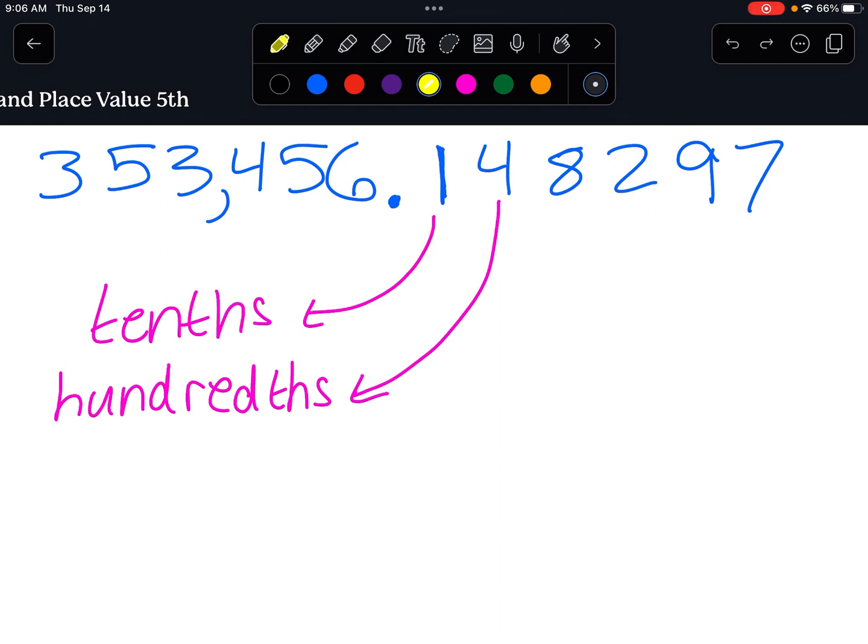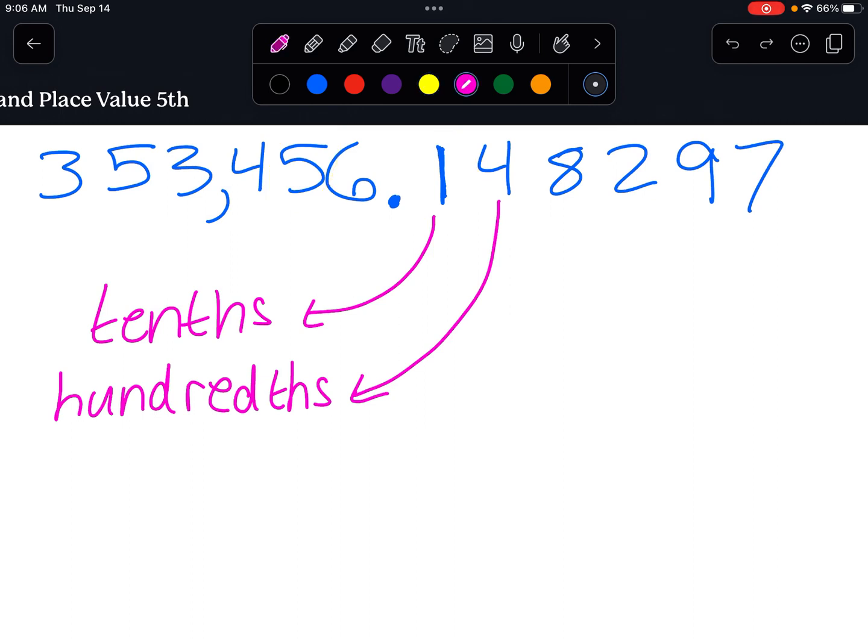It's very important, and I know it's really hard to say, to say the th sound, because if you don't, it gets confusing what we're talking about. Whereas here we have the tens place, here we have the tenths place. Oh my gosh, it's even hard for me to say.